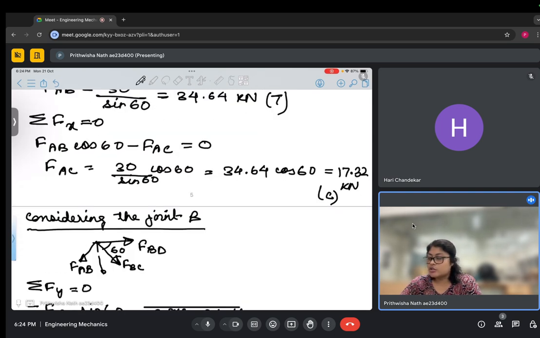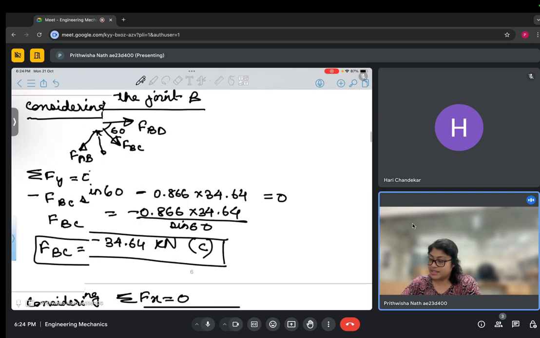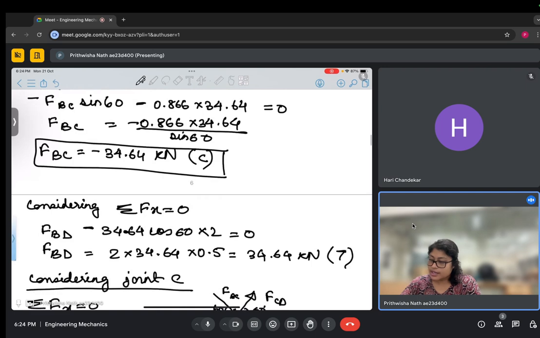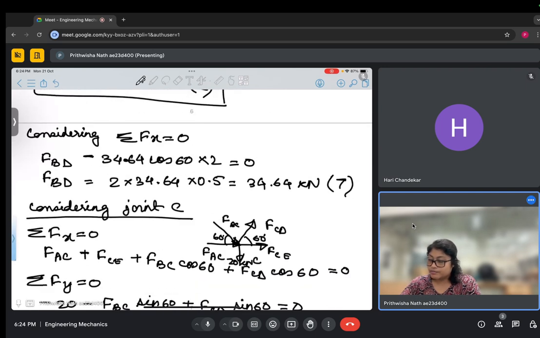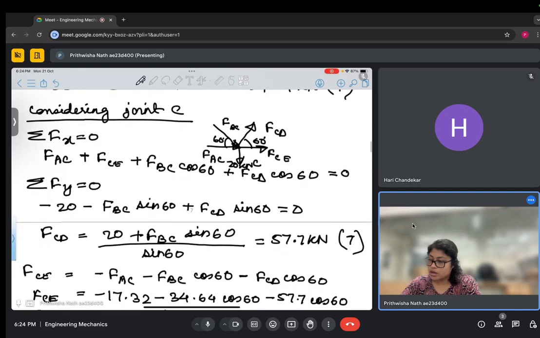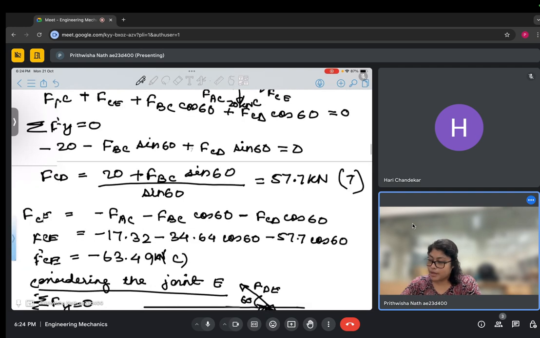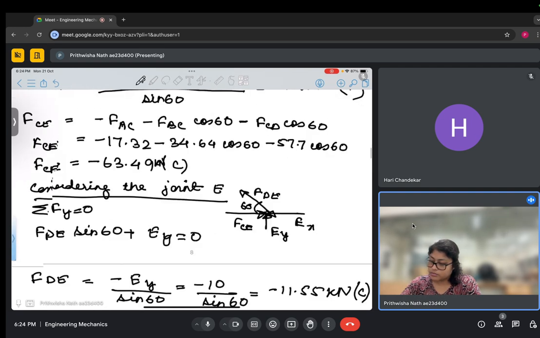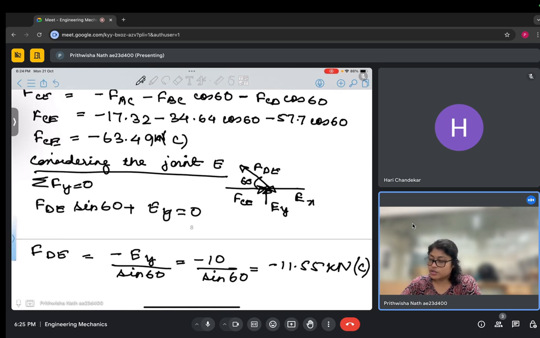Then we considered the joint B, and following the same process we found out the force in member BC as well as in member BD. And similarly we considered joints C and E. So these are the forces in all the members.